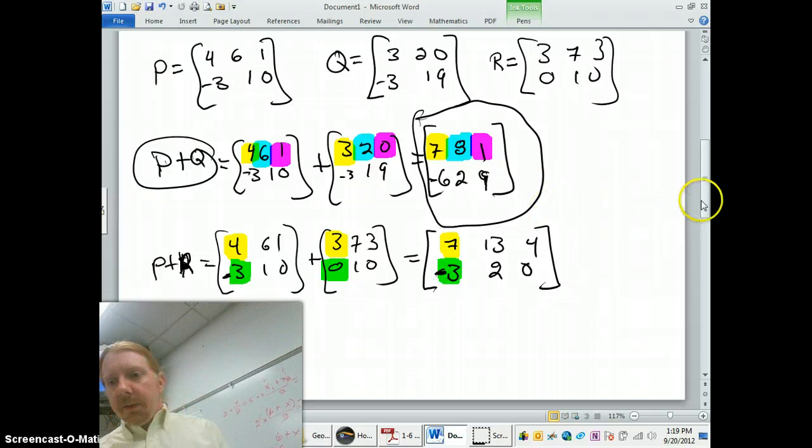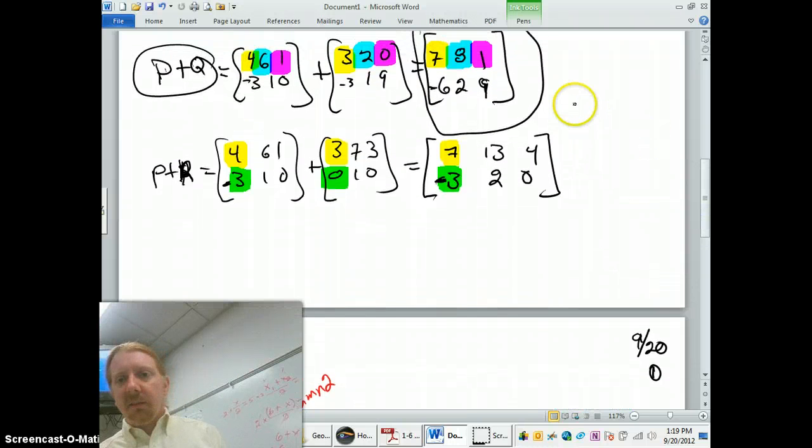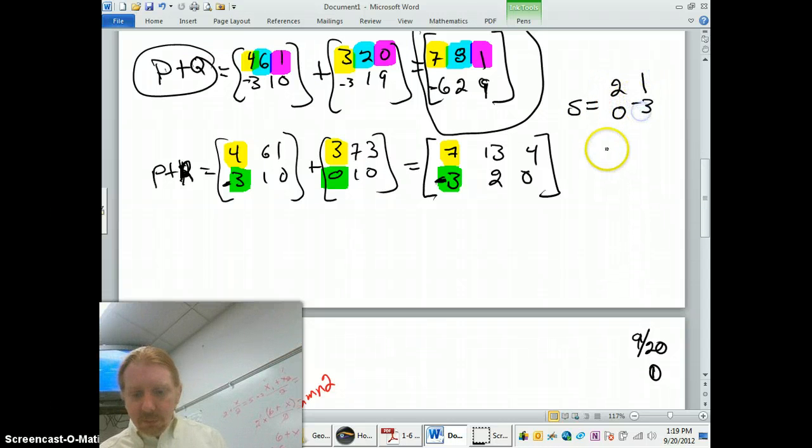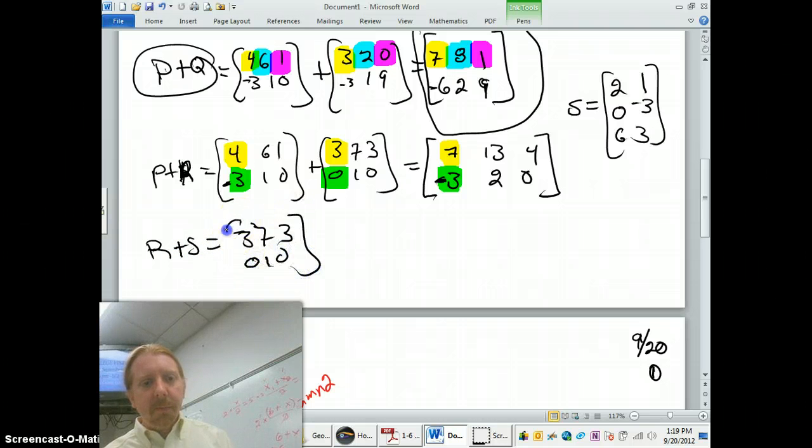Now the next item on the list talks about matrix S. Factoring that in. Now S says it's 2, 1, 0, negative 3, 6, 3. So R plus S would be 3, 7, 3, 0, 1, 0 plus 2, 1, 0, negative 3, 6, 3.